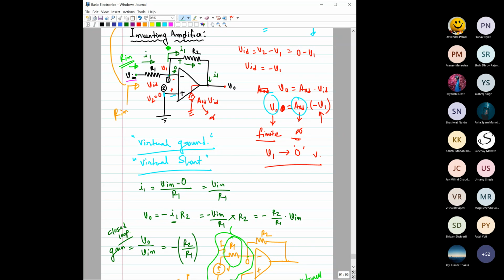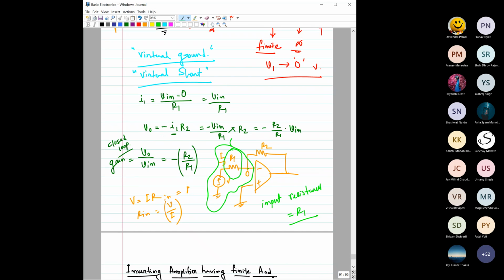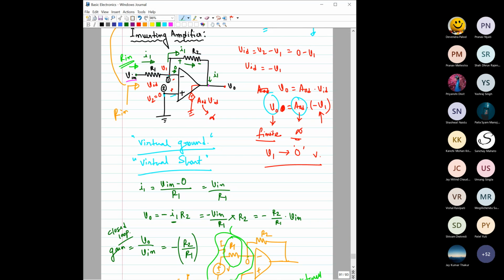You do not know what is inside; you just look at this block, the total amplifier, and that input resistance comes out to be R1 only. R1 is not connected separately; we are just finding the input resistance of this amplifier. Okay, sir.